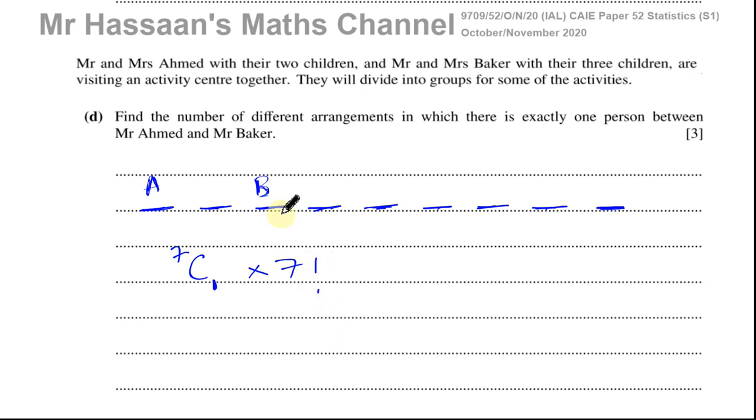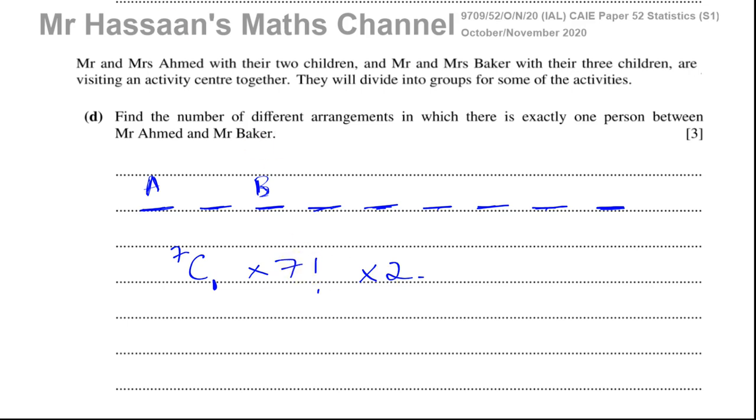Those 7 people can be arranged in 7 factorial ways, which is 7 times 6 times 5 times 4 times 3 times 2 times 1. And then these two could also swap places, so we're going to multiply that by 2.